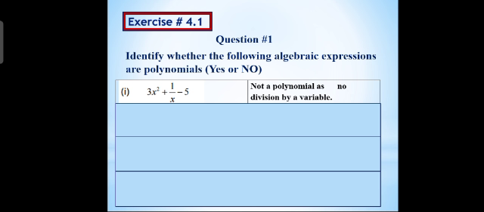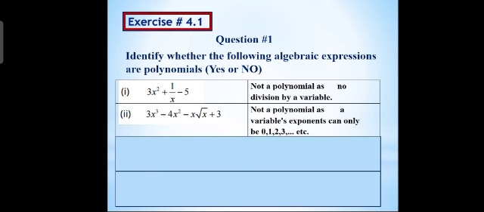This is an algebraic expression, and you can observe that in the second term it is 1 over x, so the variable is divided. Whenever the variable is in the division form, this is not a polynomial, as no division by a variable is allowed.